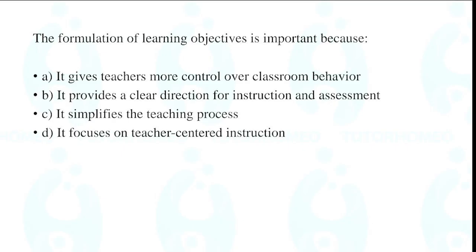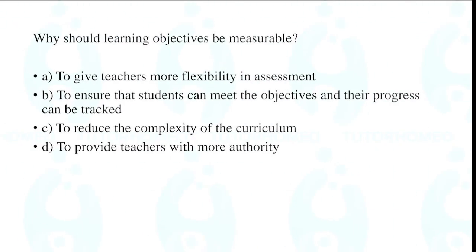Next question, let us see. Why should learning objectives be measurable? See, measurable objectives allow the teachers to assess whether the students have met the learning goals and to evaluate the progress, right? So the answer here is to ensure the student can meet the objective and their progress can be tracked.